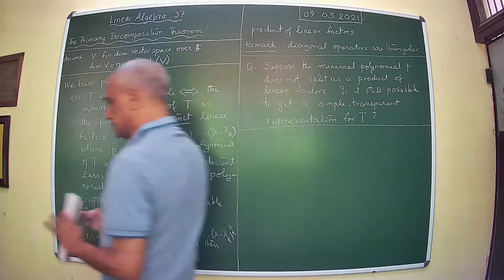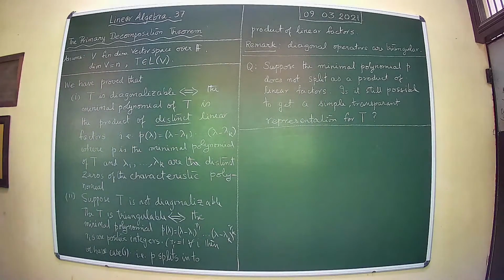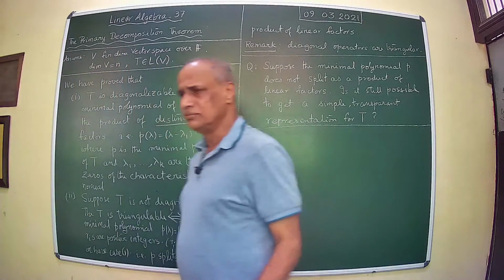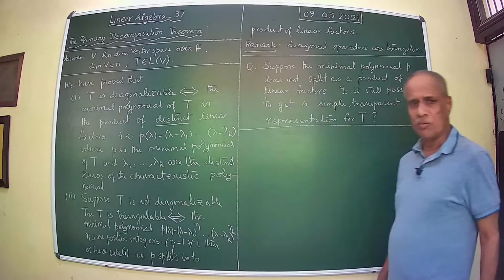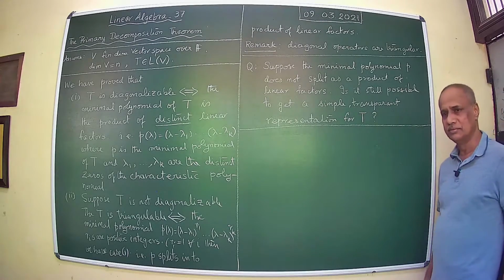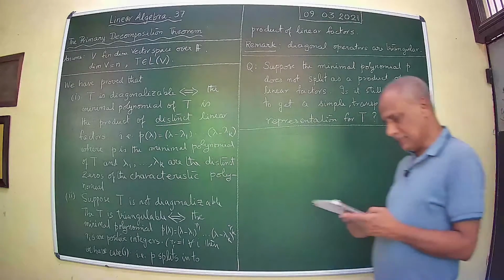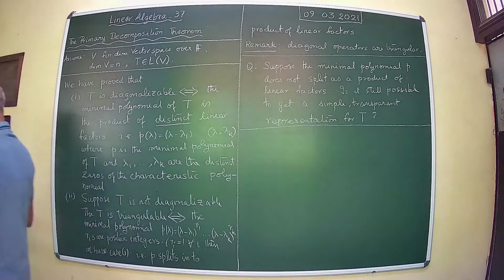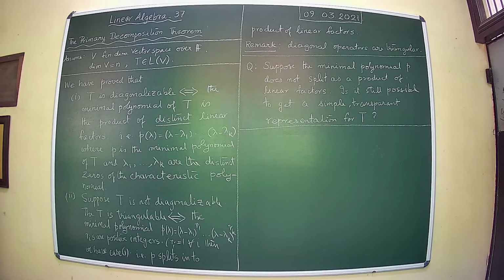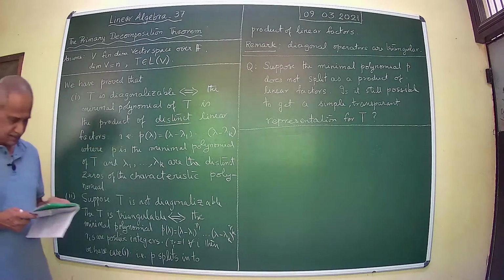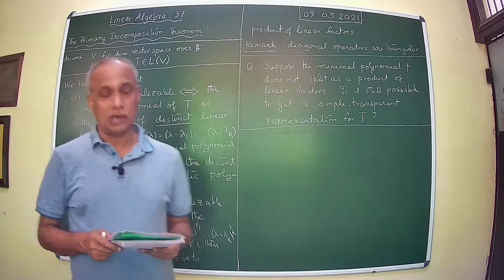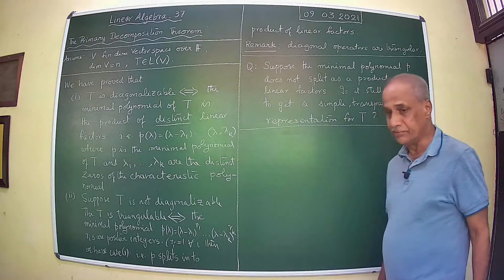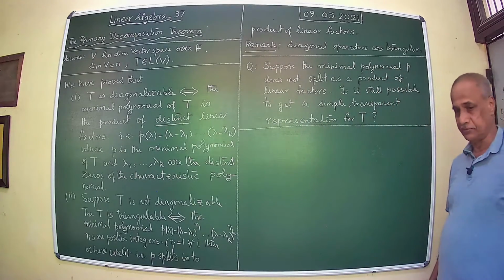Suppose p is some polynomial, it has nothing to do with T or anything, some polynomial over a field F. Then there is something called the primary decomposition of the polynomial p with respect to the field F.